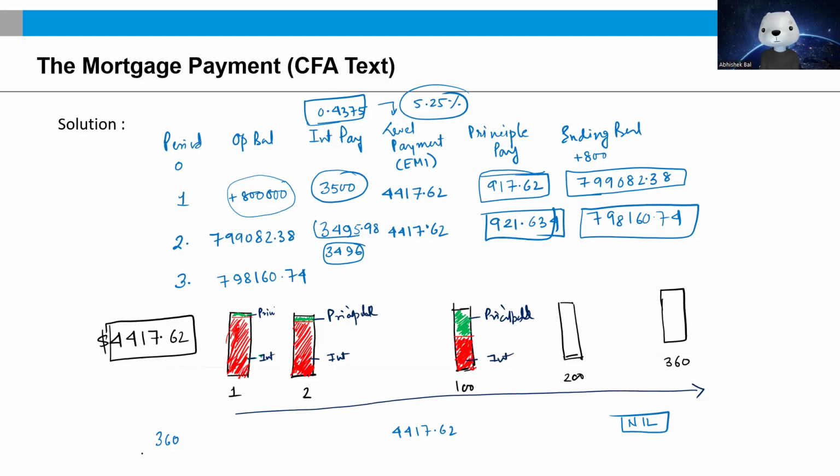All right. So by the end of the 200th month, things would start reversing.